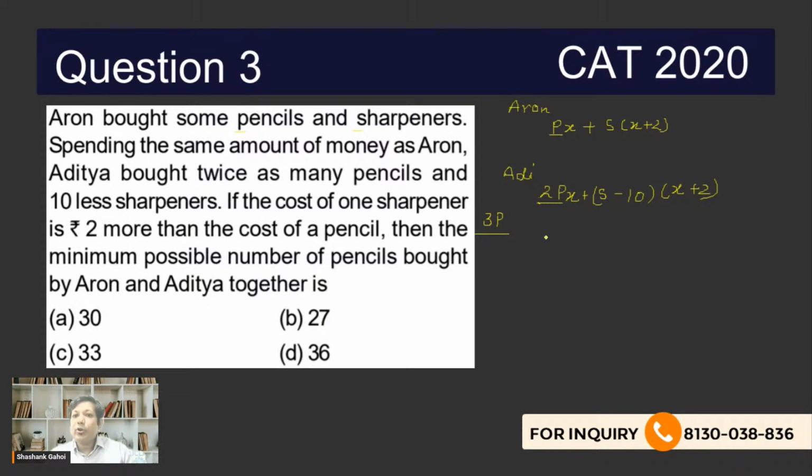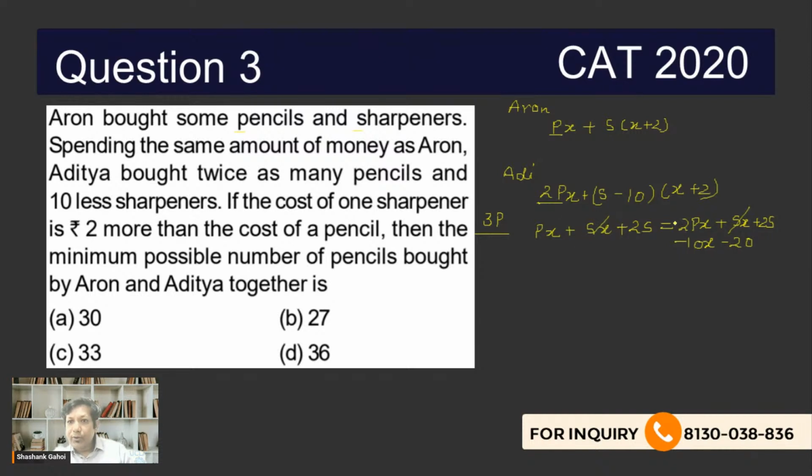So what is the total amount spent by Aaron? That is Px plus Sx plus 2S. That is the first point. Now, what is the total amount spent by Aditya? That is 2Px plus, multiplying these two, Sx plus 2S minus 10x minus 20. Okay, so Sx cancels out.